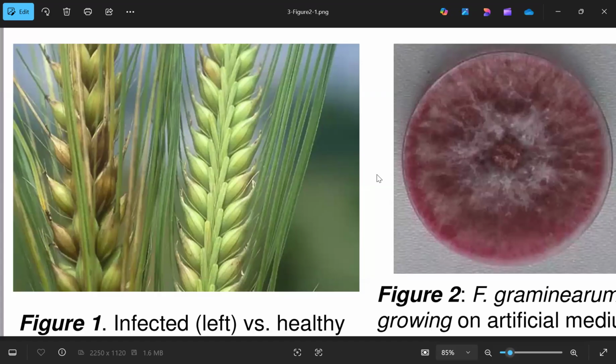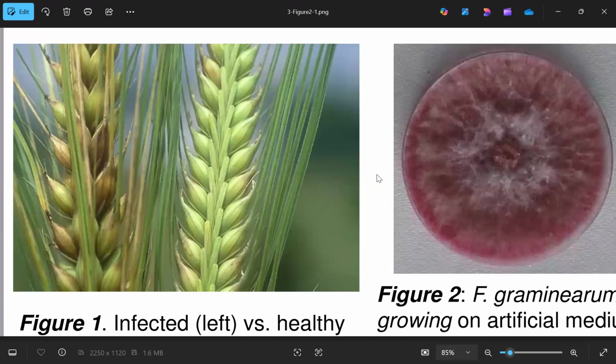Now, the first picture here of Fusarium, on the left side, we have grain. We're showing a healthy version and an unhealthy version of the head of the stalk. These are where the seeds are.